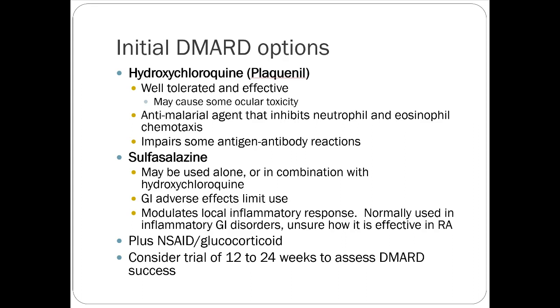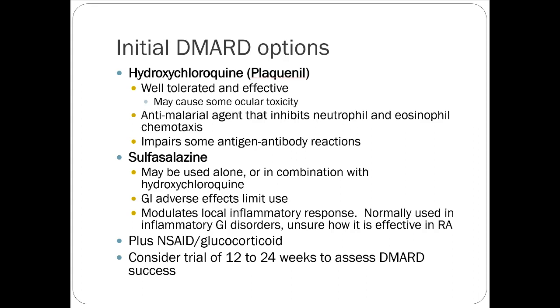Okay, so diving into our DMARD options here, there's a couple older drugs that aren't commonly used quite as much anymore, so I'm not going to spend a ton of time on them. But hydroxychloroquine, sulfasalazine. Hydroxychloroquine or Plaquenil is pretty well tolerated and can be effective, but it's just not quite as effective as some of the newer agents out there, so it's sort of lost its luster, I think, but it's certainly worth trying.